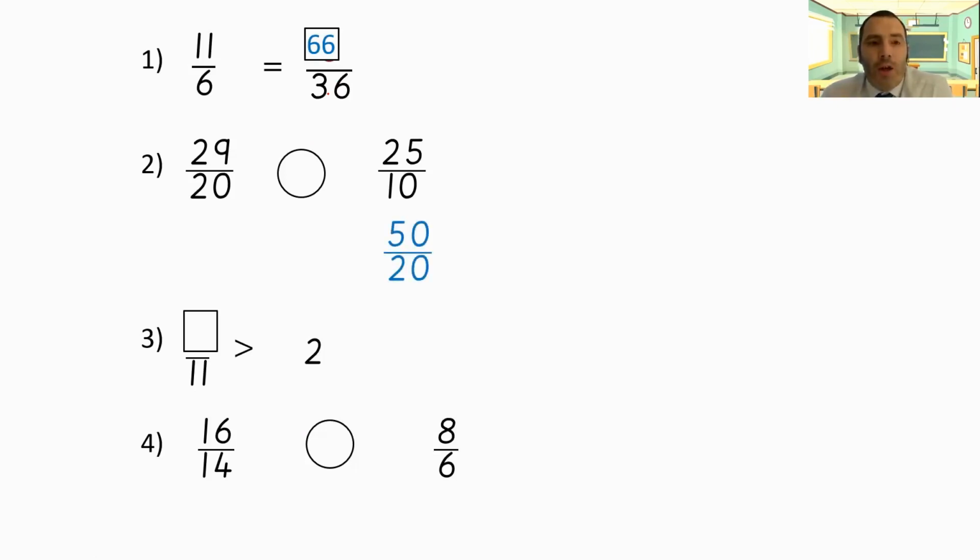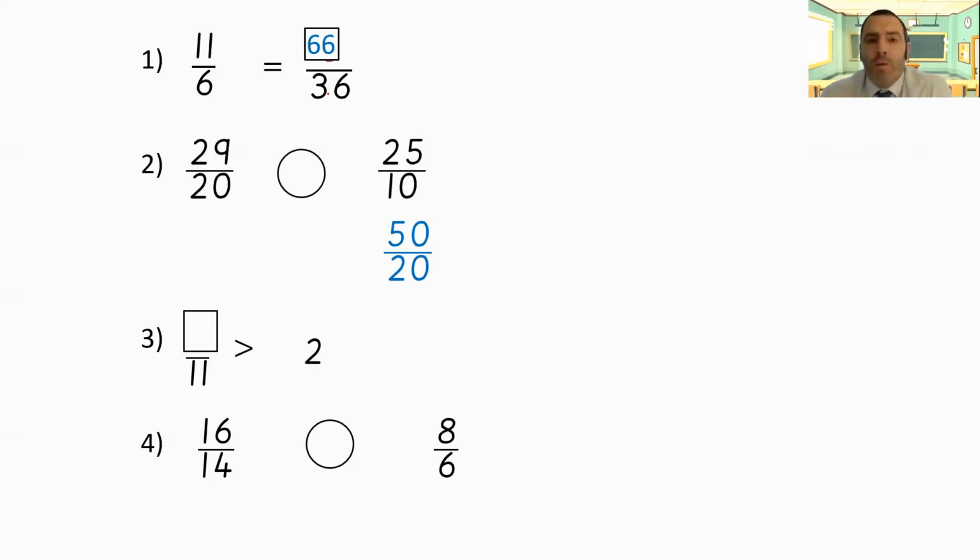For part 2, question 2, we need to look at the denominators again. And I've got 29 over 20, 25 over 10. So I need to make it so that I've got something over 20. I could have done it the other way around. I could have divided 29, but the problem is I'd have ended up with a decimal number, and I can't have decimals with my fractions, so it's easier to multiply.